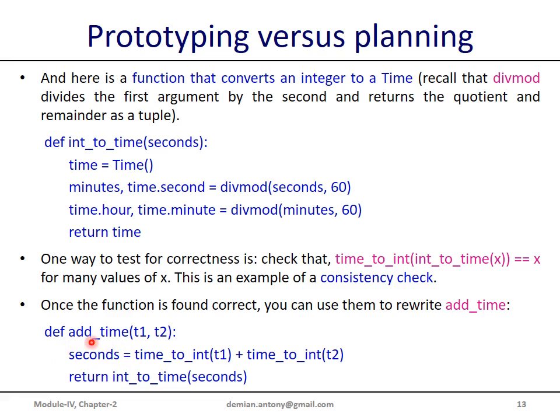And now we convert this seconds into a time object. Again we call a reverse function, this function to convert integer to time, with this integer quantity. This returns an object of type time, which is nothing but the addition of two time objects.